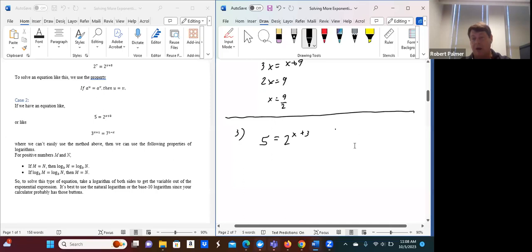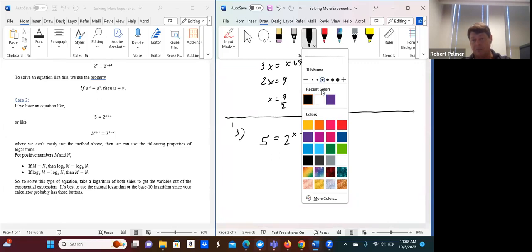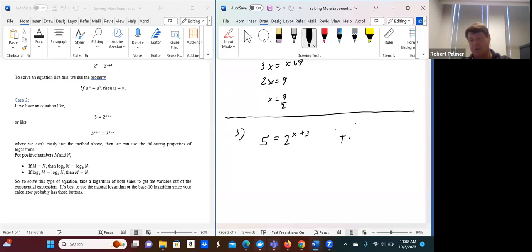All right. So here, we're going to do this one with both to show you that you get the same thing. Let's start with log base 10. So take the log of both sides.